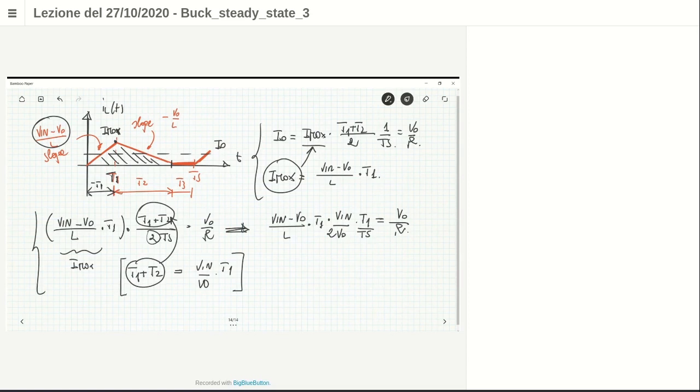So let me write you a more clear version. L, T1 and T1 square, and then you have V in over V naught equal to V naught over R. And from this expression you can get this one.